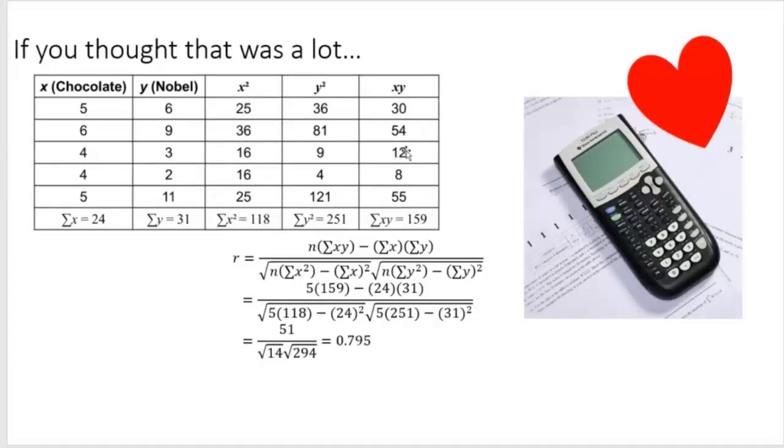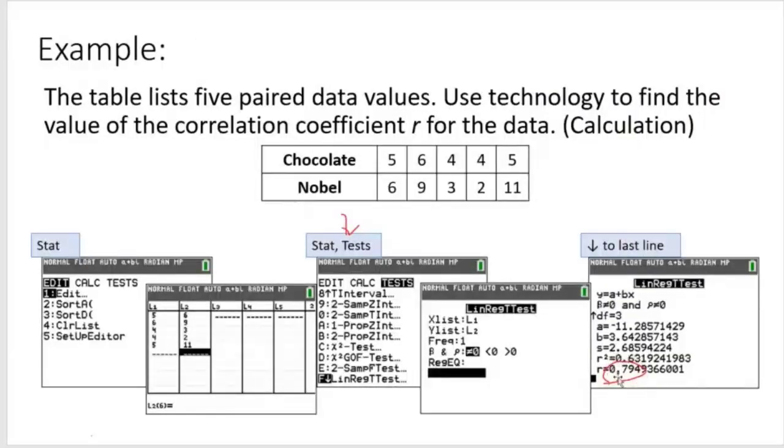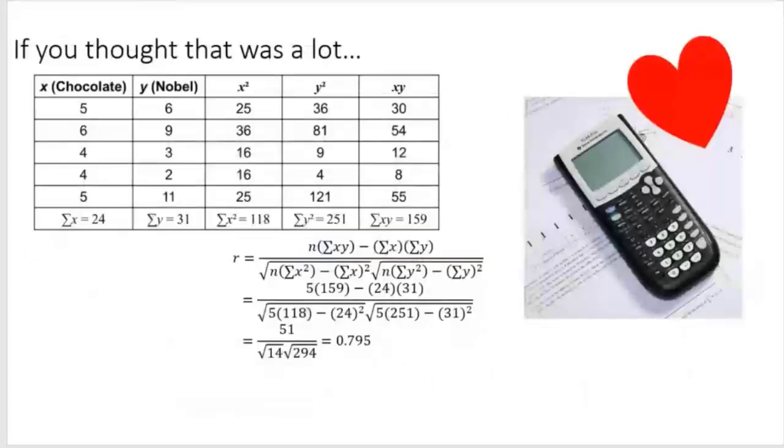Then you multiply the original values, and then you add all of those products, and then this is your formula. That is so tedious, okay? You don't want to do that. It comes out to 0.795. But this came out to 0.795. Don't you love your calculator? I just love these calculators.